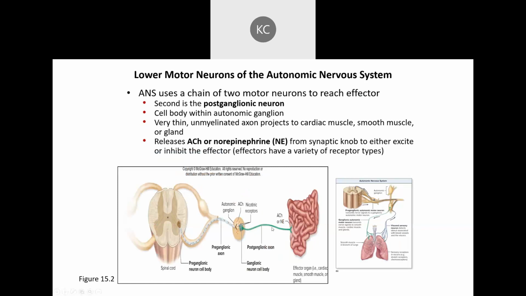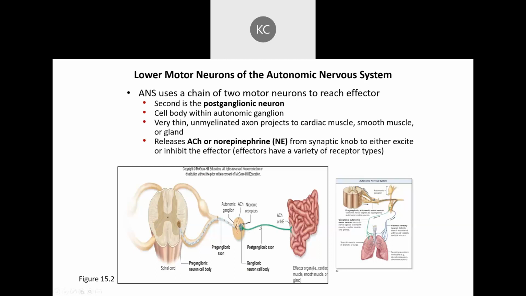We stretch out to the intestines in this case. So this is the effector organ. And here you could release a couple of different neurotransmitters, acetylcholine or norepinephrine, depending on whether you're in the sympathetic or the parasympathetic nervous system. If this is still parasympathetic, it would be acetylcholine. If it was the sympathetic division, it would be norepinephrine, okay?